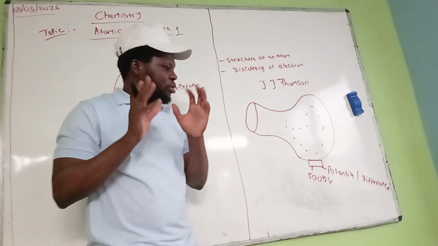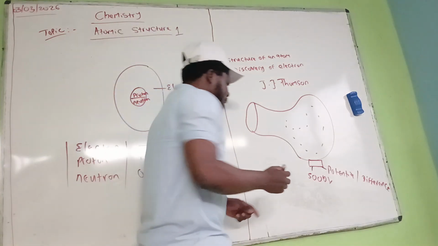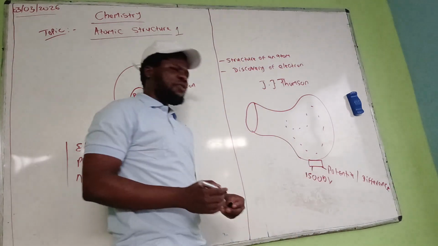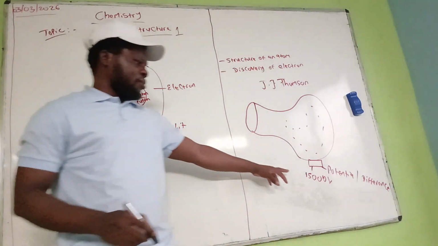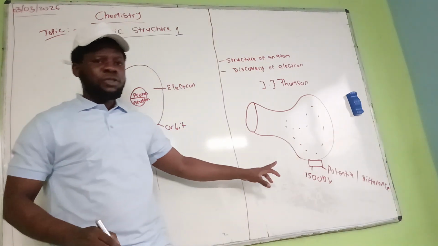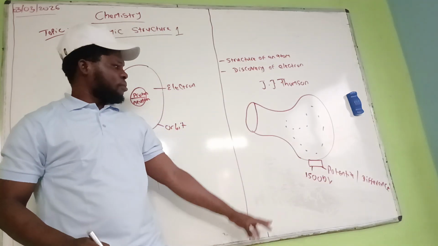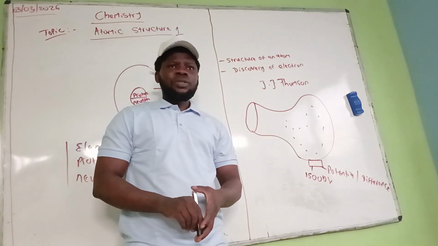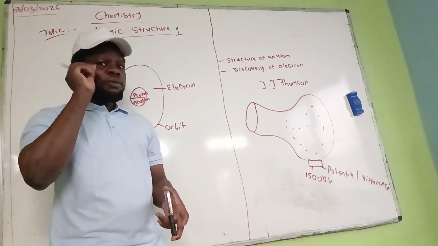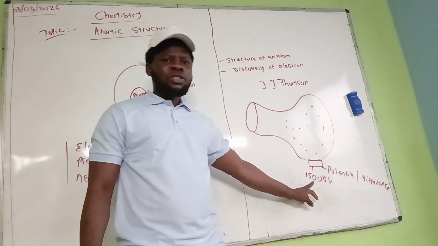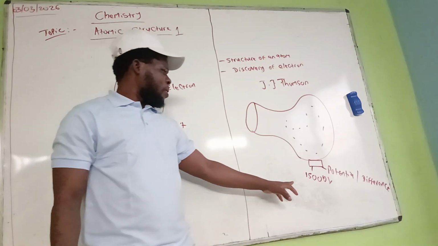Now, if we go further and increase the potential difference to 15,000, don't forget, he added 5,000 volts at first. That's a potential difference of 5,000, and you notice that the gas particles inside the glass tube begin to glow. Then he increased the potential difference to 15,000 volts.